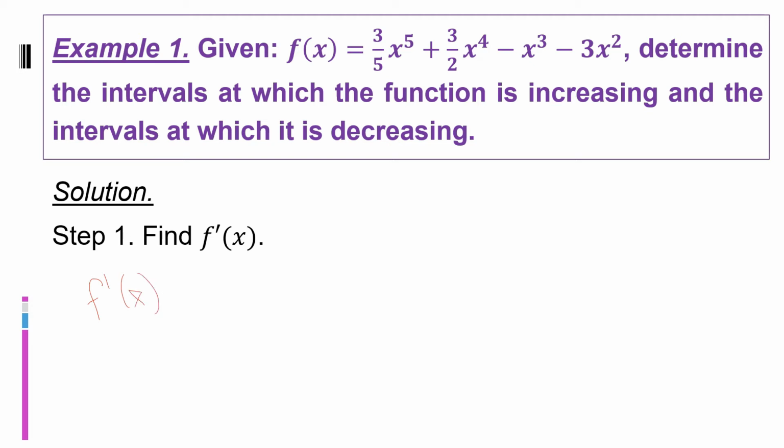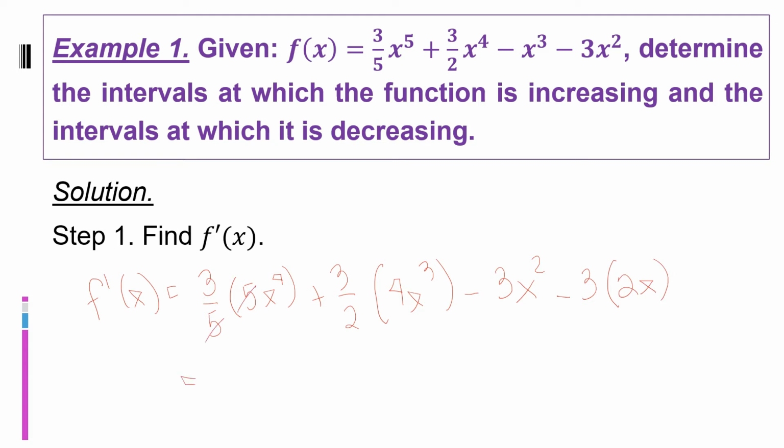F prime of x is equal to 3/5 times 5x raised to 4 plus 3/2 times 4x cubed minus 3x squared minus 3 times 2x, or that is now equal to 3x raised to 4 plus, ito magka-cancel, magiging 2, 6x cubed minus 3x squared minus 6x.